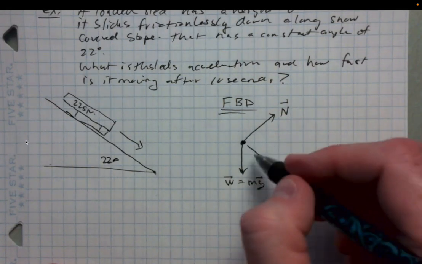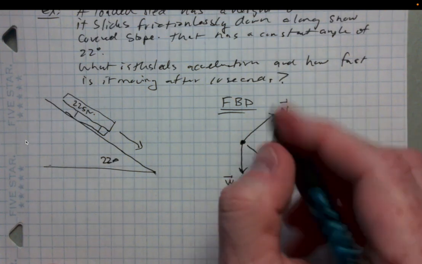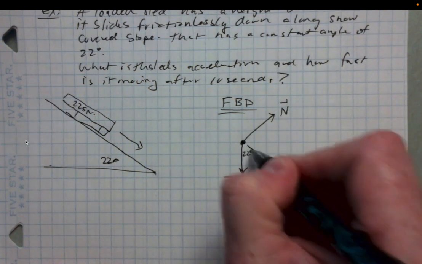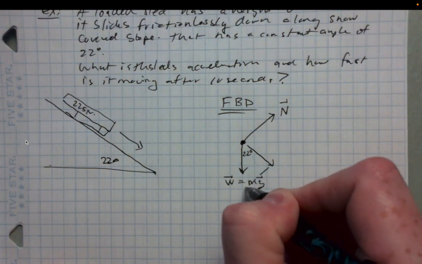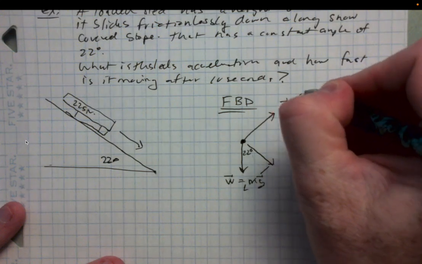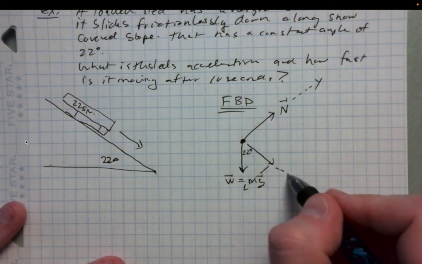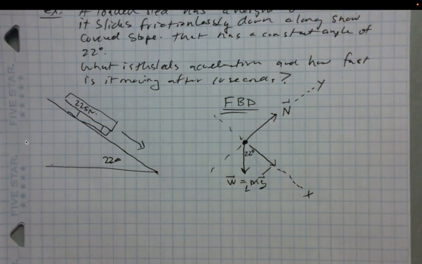And so what we're going to basically end up doing is creating a triangle off of the weight here, right? So this you can think of as 22 degrees, and then you're going to have the force offsetting the normal force, kind of like this. So let's coordinatize this so that this is the y-axis and then this is the x-axis. Okay.